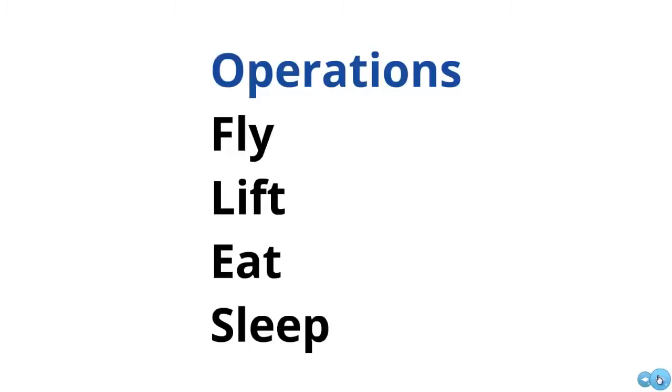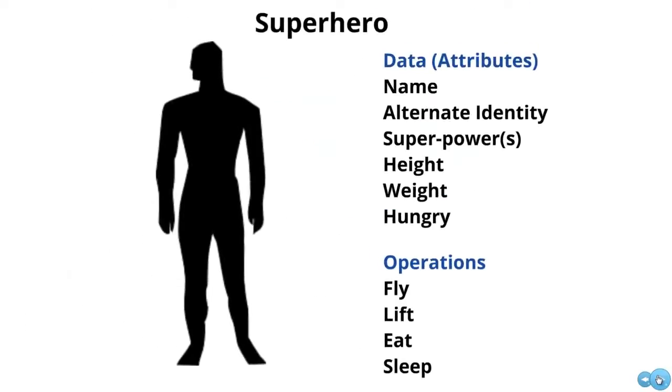In the case of eating, maybe this relieves the superhero from being hungry anymore, if hungry was state information, some sort of Boolean value. So hopefully you now have an idea of what we're talking about when we describe a class. It's just a blueprint or a template to describe something in terms of its data and its operations.